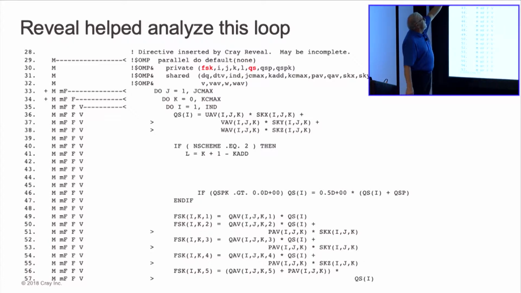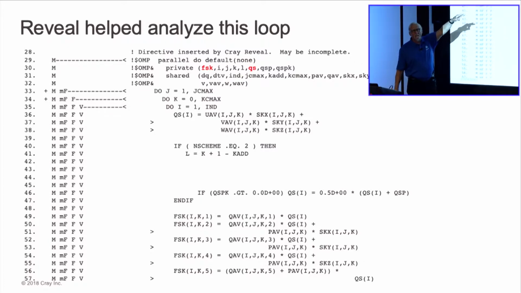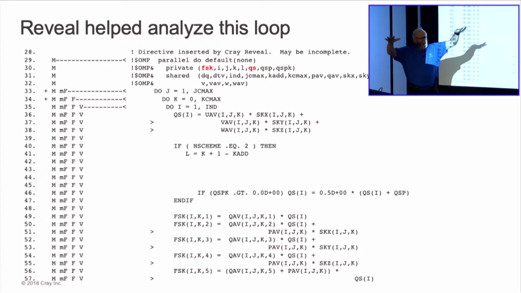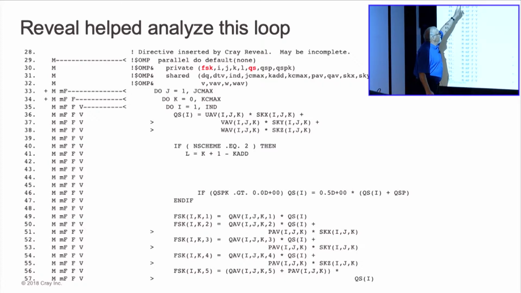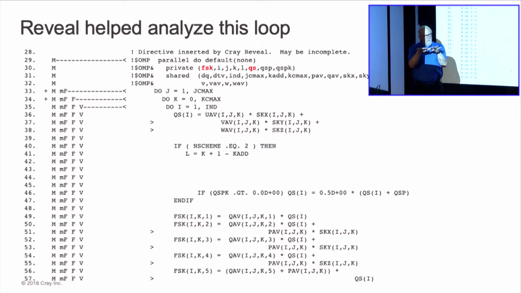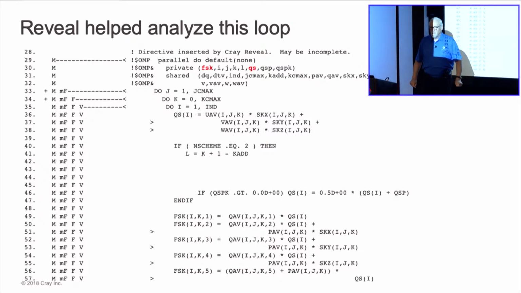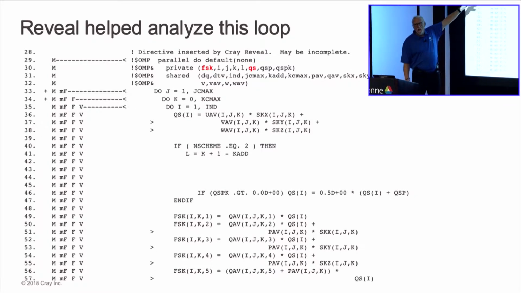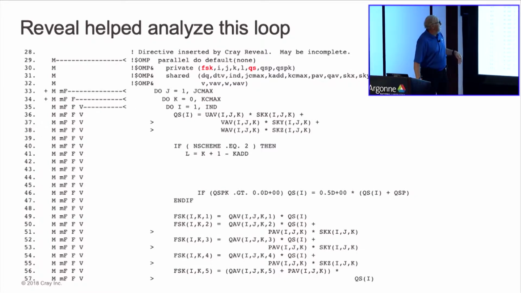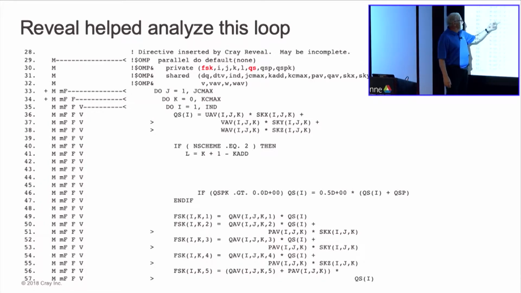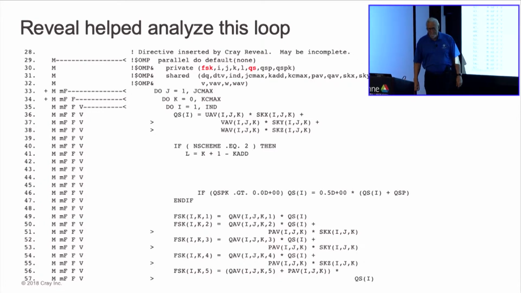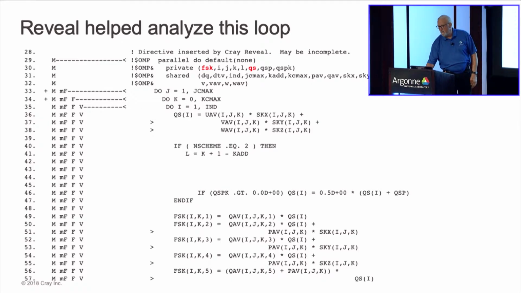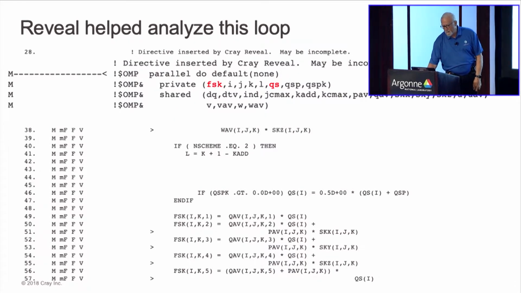And now notice, M basically says this is a multi-threading region, and little m means that the work is distributed across the threads. So if you just have a parallel somewhere up there, you're going to get a big M. And then, of course, this is flattened and vectorized.